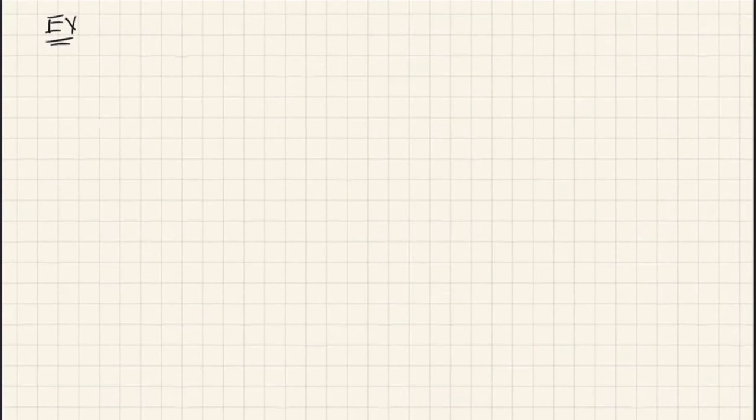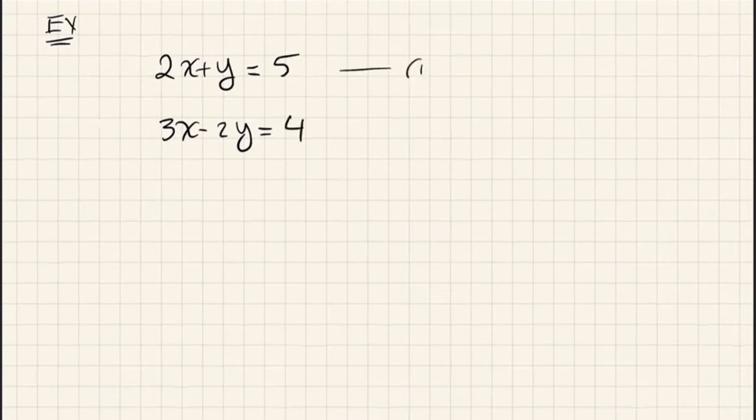Let us say that we have 2x plus y equals 5 and 3x minus 2y equals 4. So this will be number 1, this will be number 2.